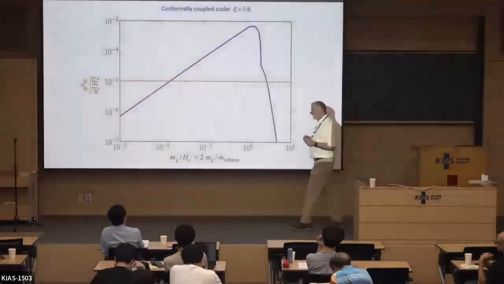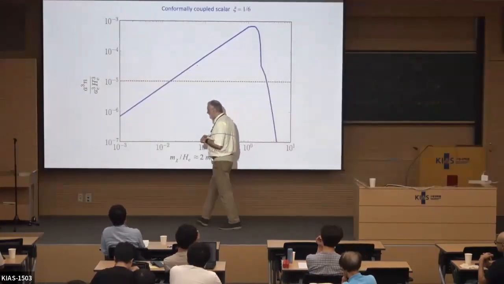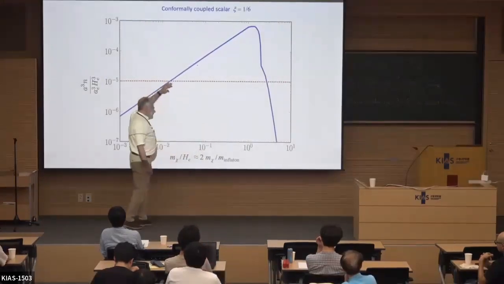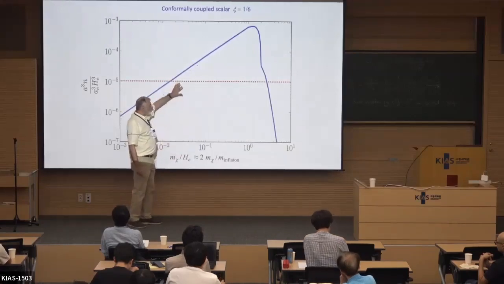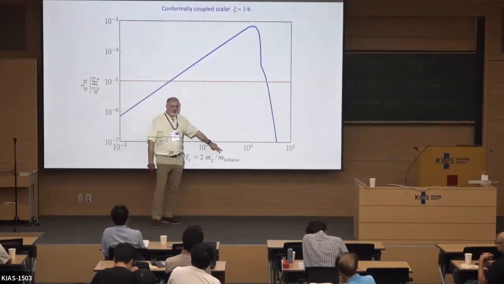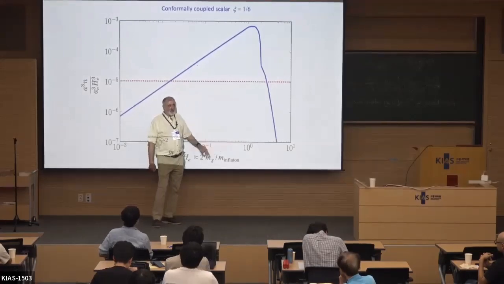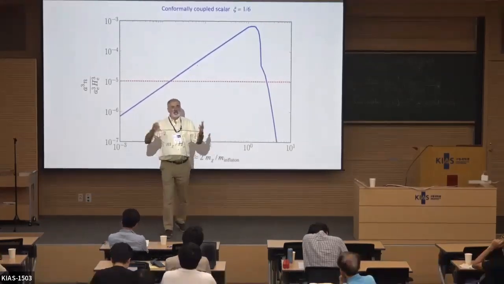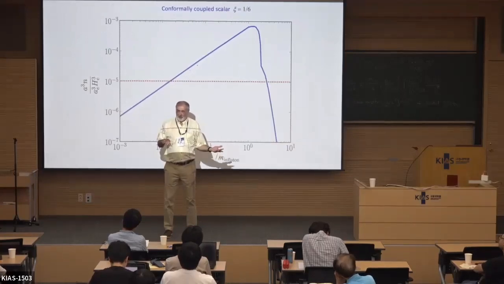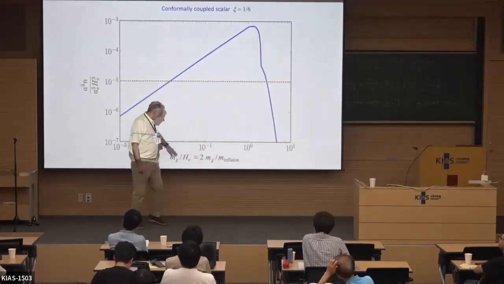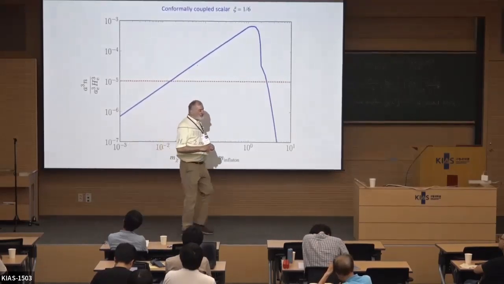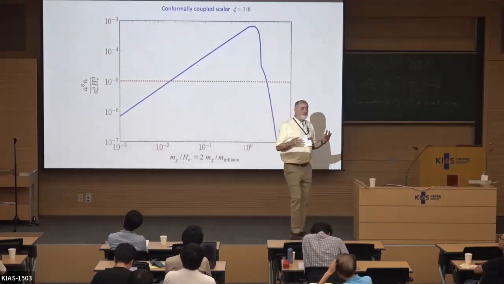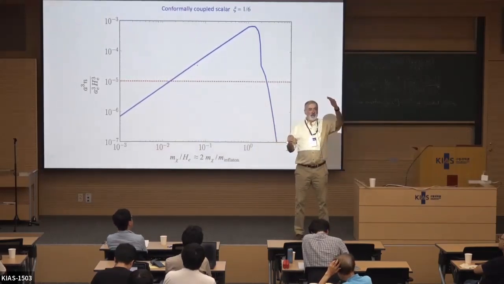Okay, so this is something that's sort of interesting: to get 10 to the minus 5 here requires a mass that's comparable to HE, comparable to the inflaton mass. Now, it could have been 10 to the minus 25, 10 to the plus 25, but it's something of order the inflaton mass. So the idea is that there is another scale in physics at a very high energy scale that drives inflation.